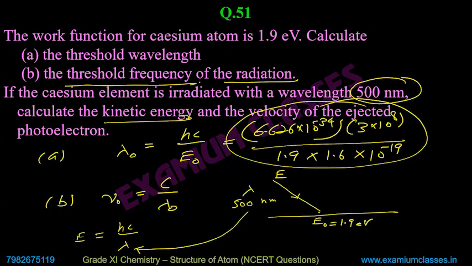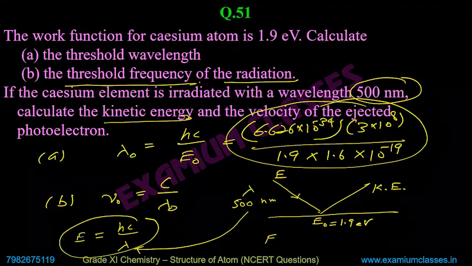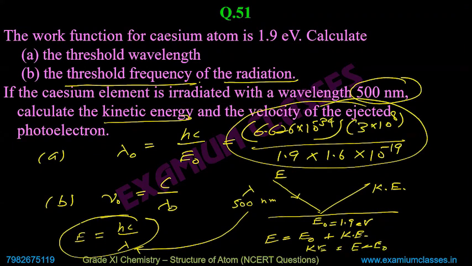Kinetic energy is to be calculated. E you know from here. E is equal to E naught plus kinetic energy. Kinetic energy is E minus E naught. E you have calculated, E naught is given. Make sure that you use the right units.